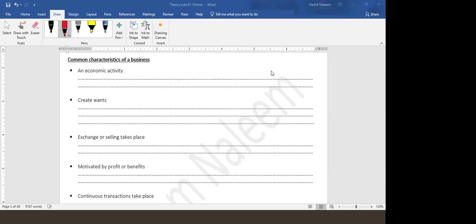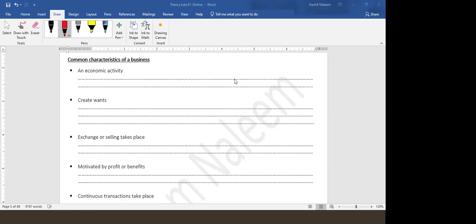So write for economic activity: activities related to production, distribution, selling, and consumption is classified as an economic activity.